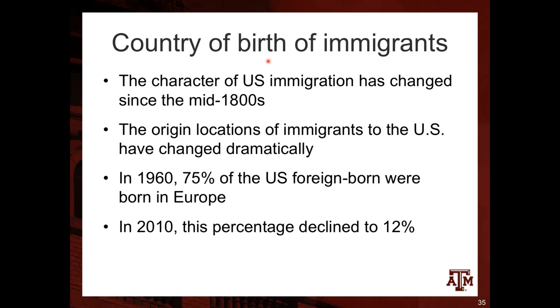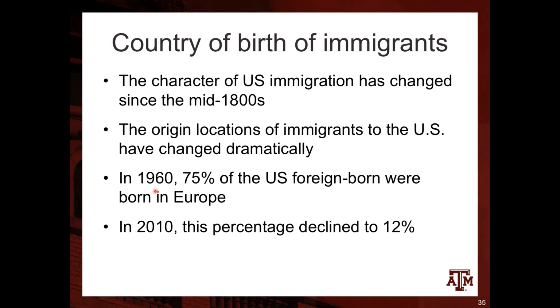And in terms of country of birth of immigrants in the US, it has changed a lot since the mid-1800s. The character of US immigration has changed since the mid-1800s. The origin locations of immigrants to the US have changed dramatically.